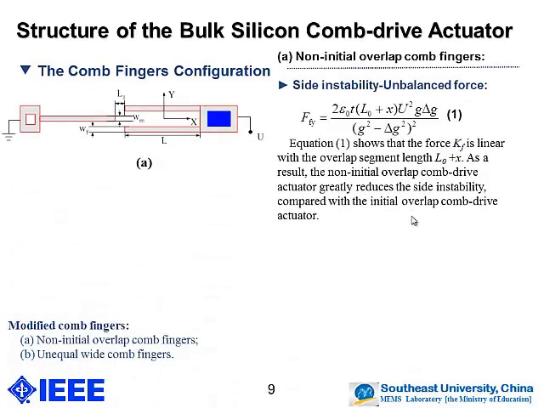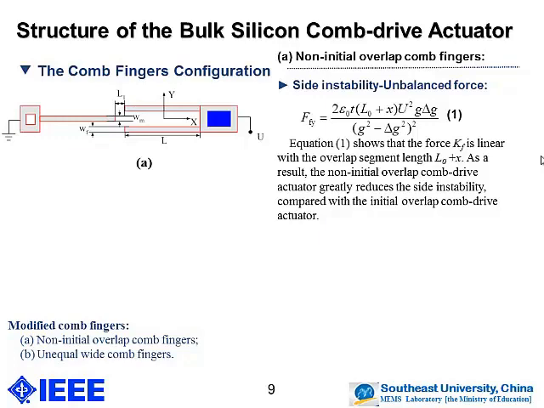Then we do some research to optimize the comb fingers. The comb fingers used in this work have non-initial overlap. The side instability is related to the unbalanced force. The unbalanced force is shown in equation 2, which shows that the unbalanced force is linear with the overlap segment length.